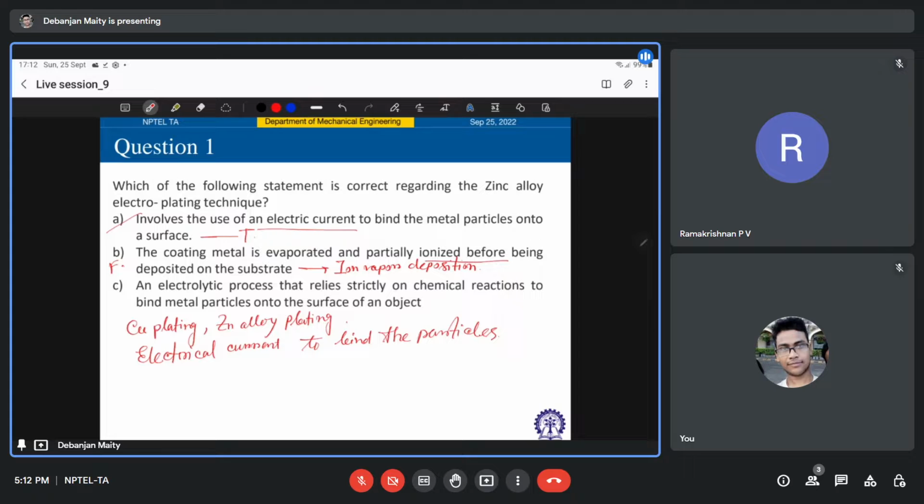Next, statement C says that it is an electrolytic process that relies strictly on chemical reactions to bind metal particles onto the surface of an object. Now, zinc alloy plating is an electroplating process. In copper plating, yes, it is an electrolytic process which relies on chemical reactions, and because of these chemical reactions, the particles bind on the surface of objects. So statement C is mainly the statement for copper plating.